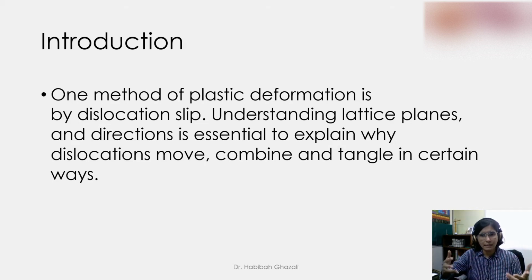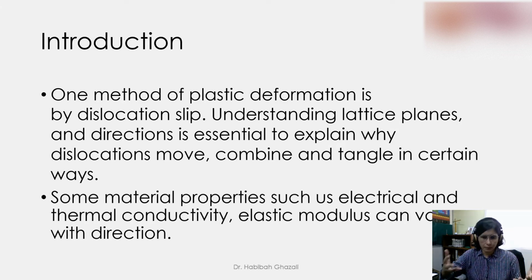So understanding lattice plane and direction is essential to explain why these atoms move in a certain direction. And also some material properties such as electrical and thermal conductivity and elastic modulus can vary in different directions, especially for materials that we call anisotropic.